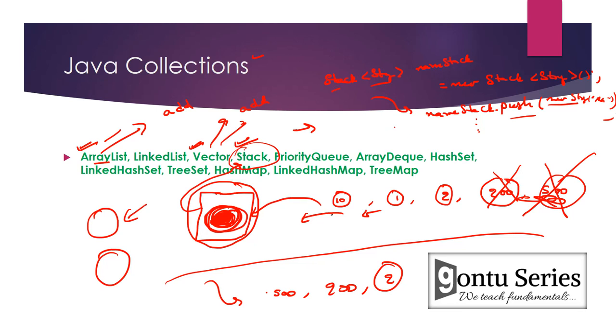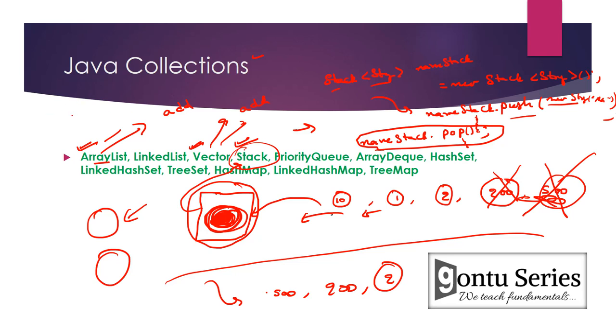And how to retrieve an element from the stack? By making a call to its pop function. What this pop function does is retrieve the last element of the stack. In case of ArrayList and vector, how were you retrieving any element?